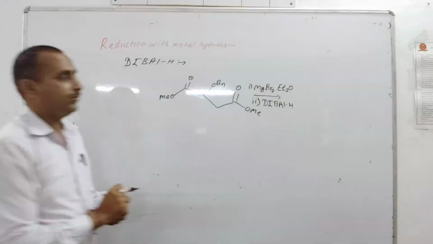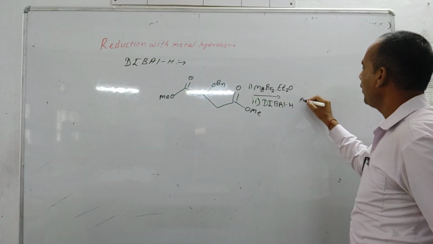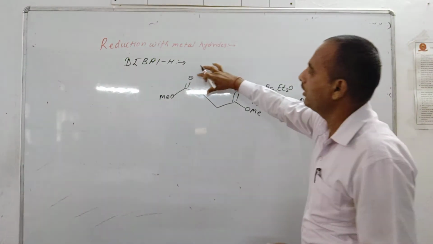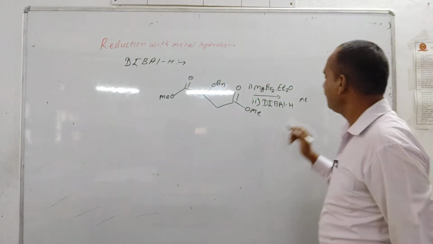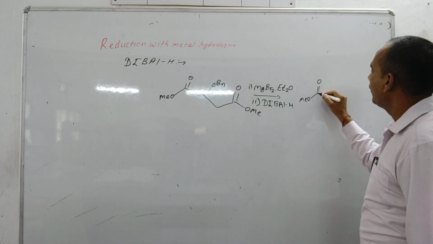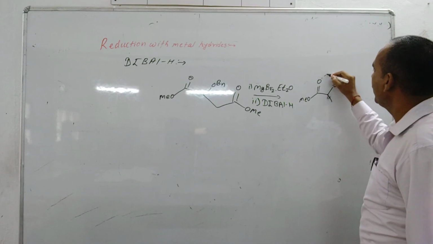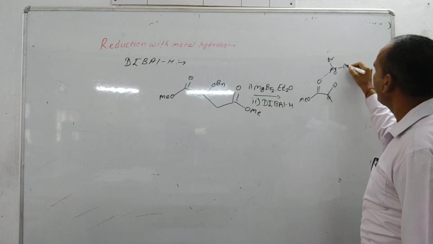So in presence of this MgBr2, there is chelation between the 1,2 position, carbonyl and oxygen chelated to the magnesium. This is the chelation with magnesium metal.